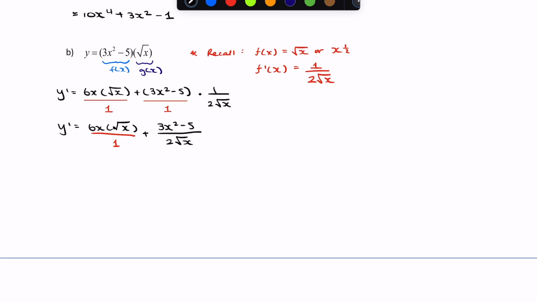And here, what we'll do is we'll find a common denominator. Okay, so here again, we're going to bring two fractions to a common denominator.